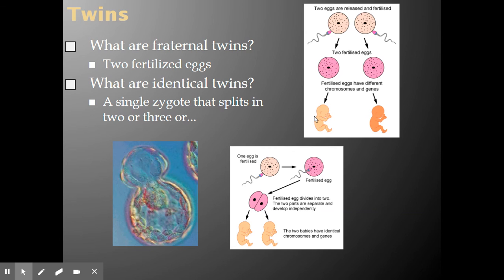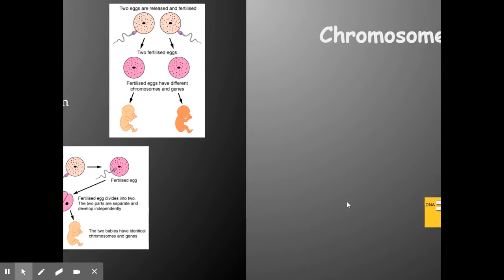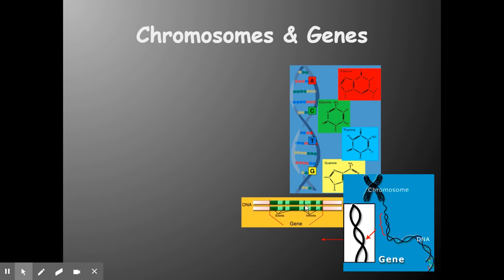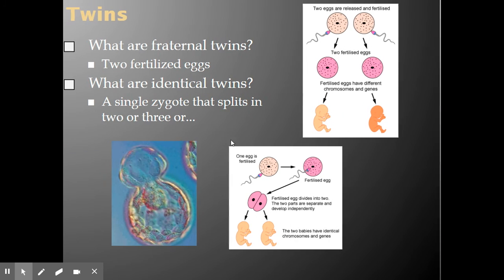This means that you can have a girl and a boy with fraternal twins, whereas identical twins, you can only have two girls or two boys because they share most of the same genetic material. Okay? This includes their sex chromosomes. Well, so that's about twins.